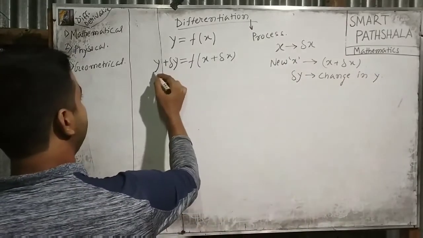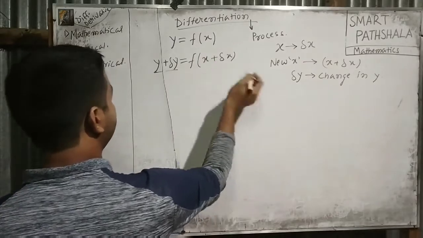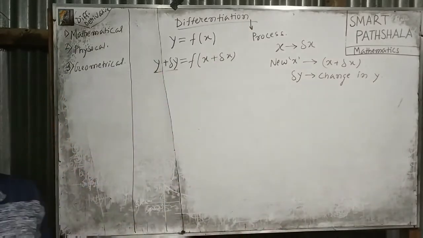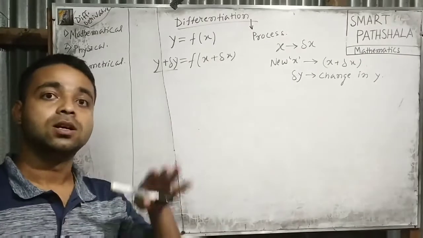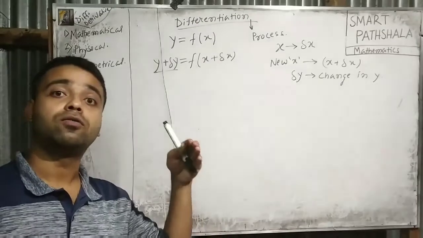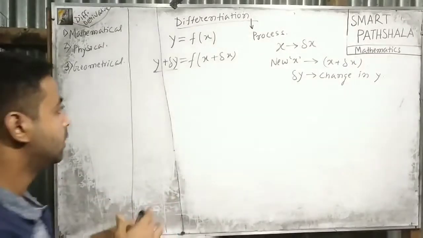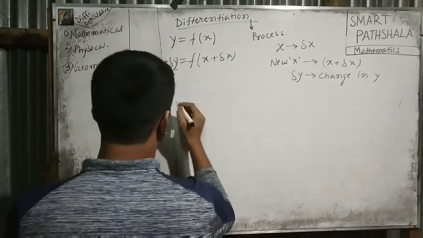You can write y plus del y as f of x plus del x as well. Now, what we have said earlier, that rate of change of f of x, okay, with respect to what? With respect to x.